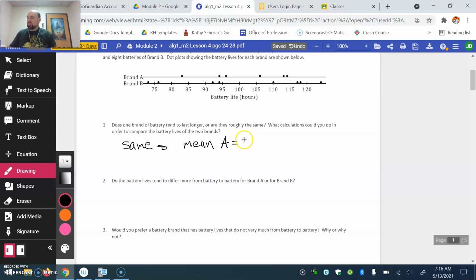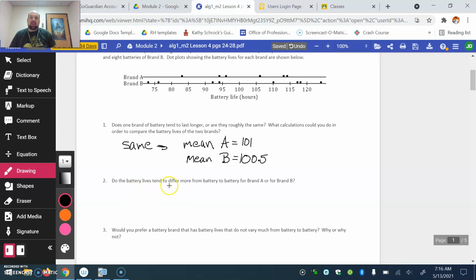You get a mean for brand A of 101. Let me just make sure. Yeah. And then for brand B, it's 100.5. So they're about the same. And then we'll actually even take a look at the median for both of them on the next page.